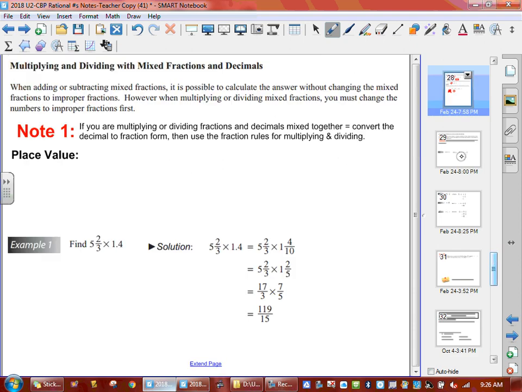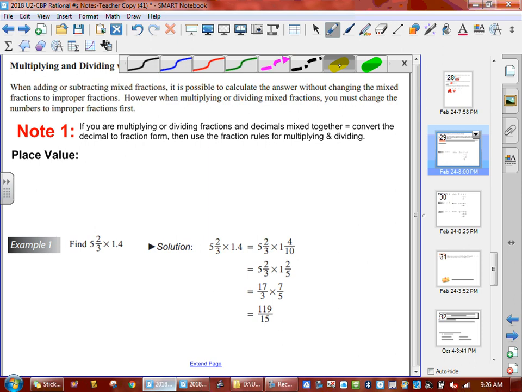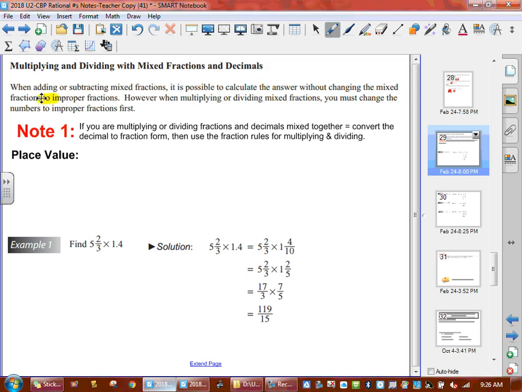So, what if you've got mixed fractions and decimals? Well, when you've got mixed numbers, the important thing you've got to remember is you've got to change them to improper. Okay? So changing mixed numbers to improper. So you're not able to change them or to multiply them unless they're in improper fractions.